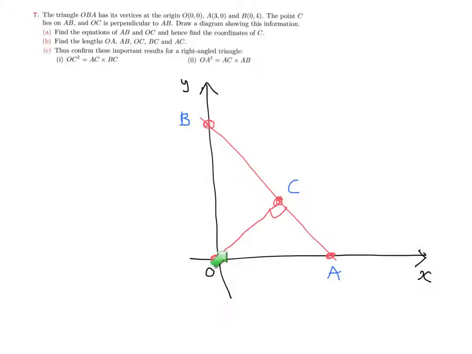The other thing says that the square of one side is equal to the length of the hypotenuse times the length of the altitude.